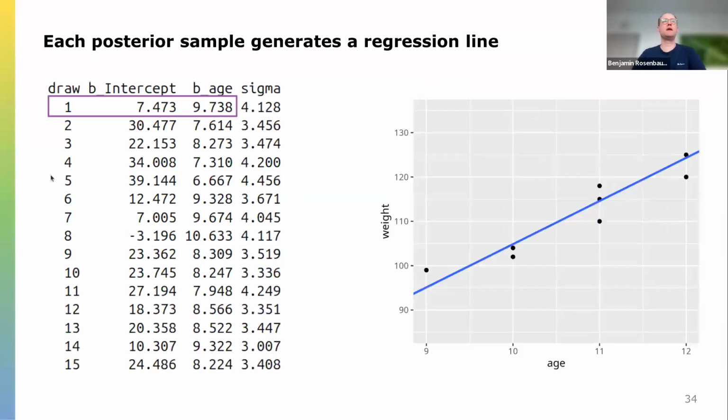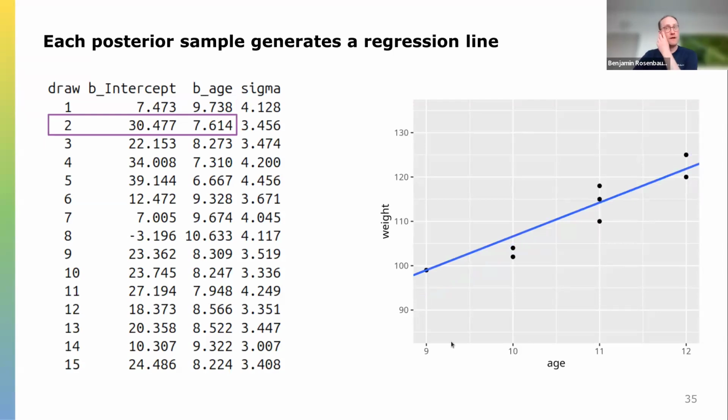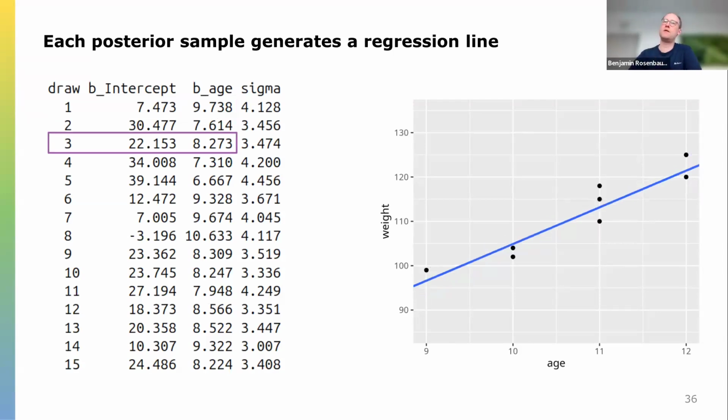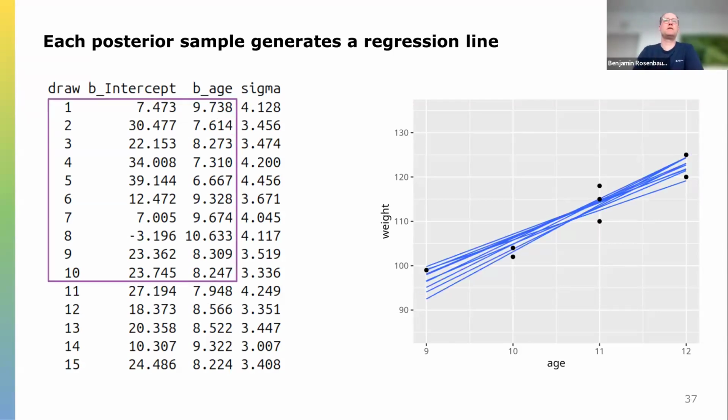However, for each row of the posterior, we can also draw the whole regression line here. Right, so this already defines the whole regression line. It has an intercept, it has a slope. So this defines one regression line. And the second one defines a different regression line, and so on. And if I look at the first 10 samples, they define 10 different regression lines.